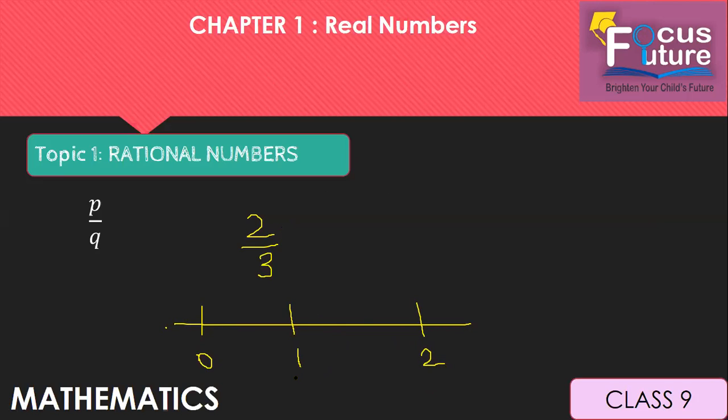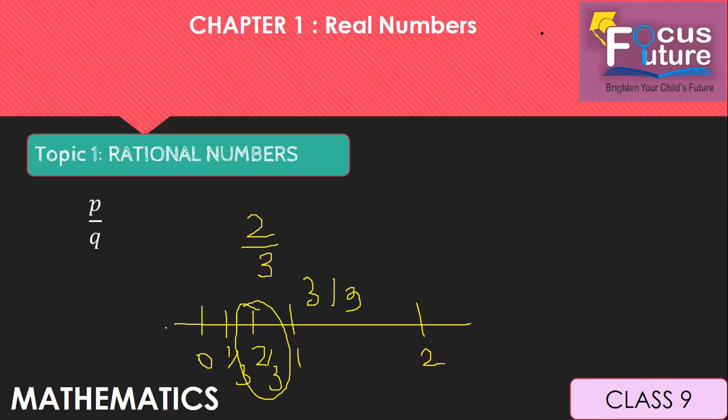So 2 by 3, that means first part 1, 2, and 3. So this would be 1 by 3, this would be 2 by 3, and this would be 3 by 3. So that means 1 is divided into 3 parts. So this is your 2 by 3. Okay, I hope you got this point, how to represent a rational number in the form of a number line.